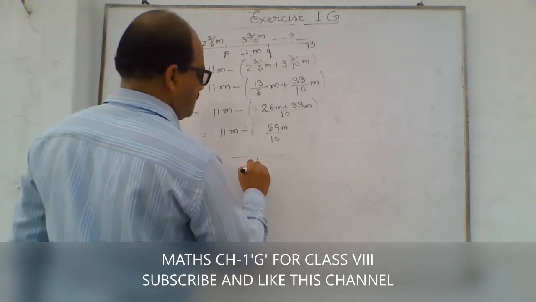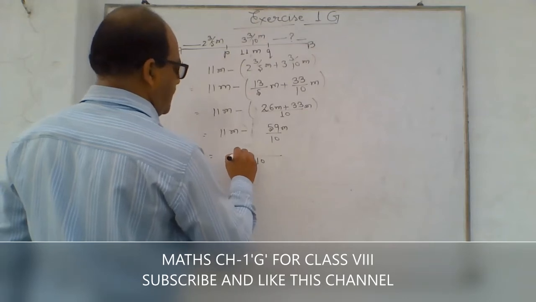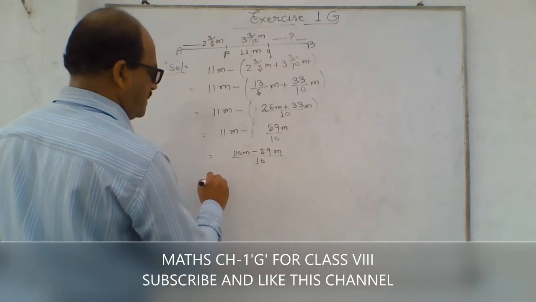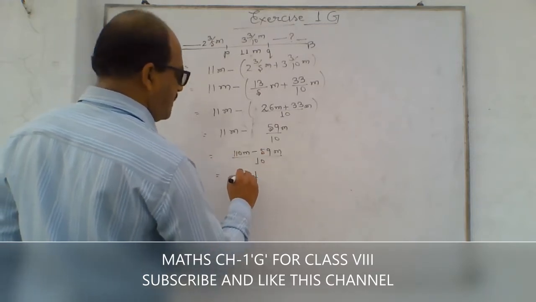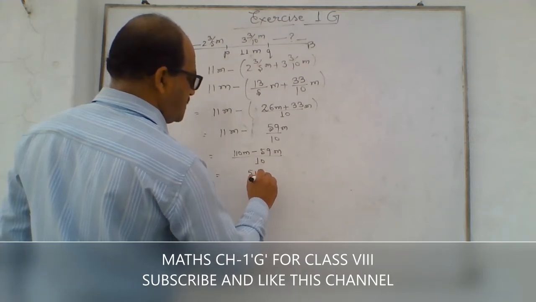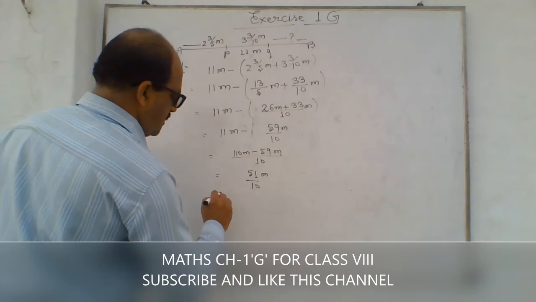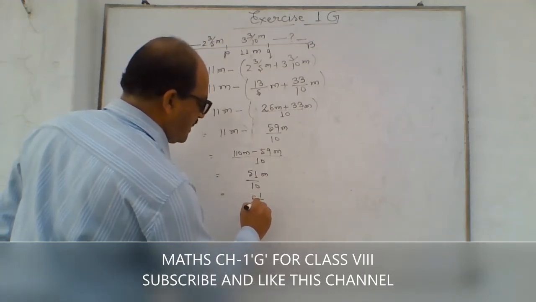Take the LCM of these given numbers. So 110 meter minus 59 meter, 10 minus 9 is 1, and here 10 minus 5 is 5, 51 meter by 10 meter. If you write it in a mixed fraction, 5 whole 1 by 10 meter.